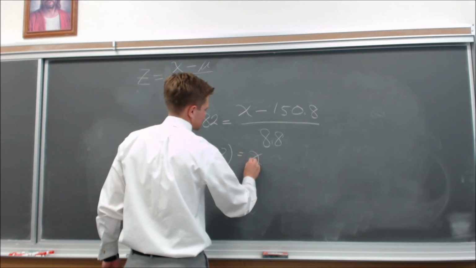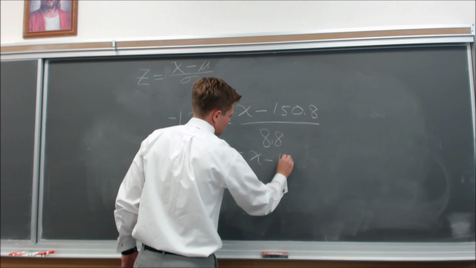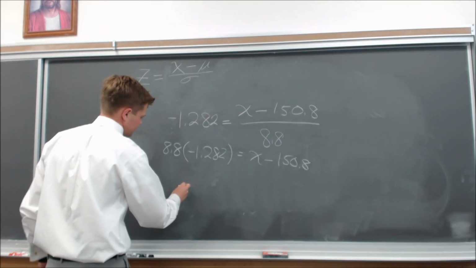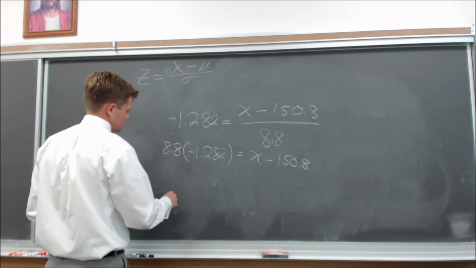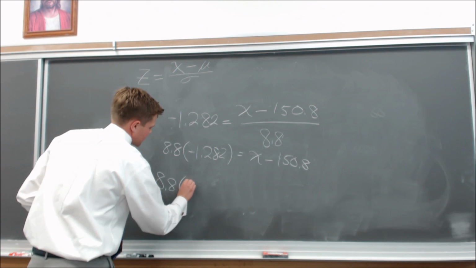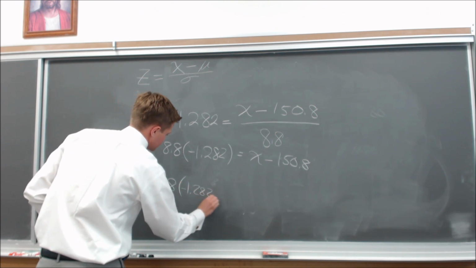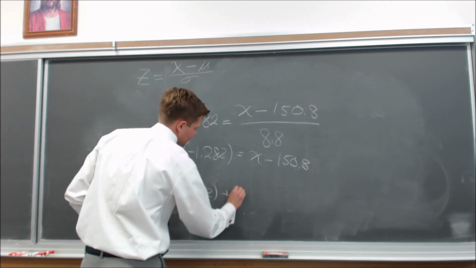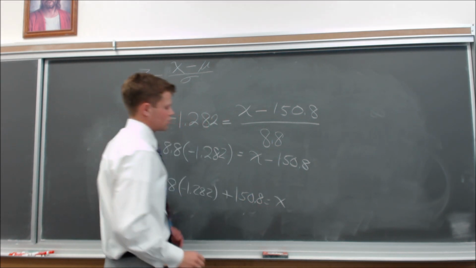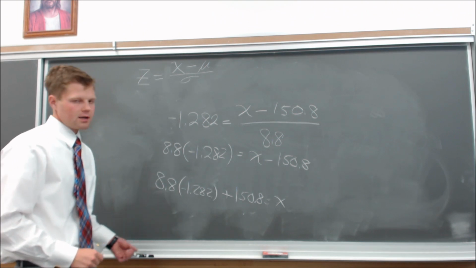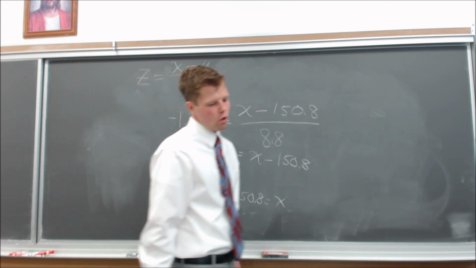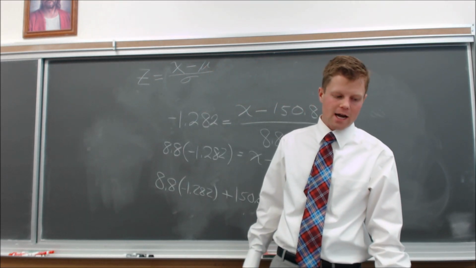So then we have x equals 8.8 times negative 1.282 plus 150.8. Okay? You plug this into your calculator, and the score is 139.5.